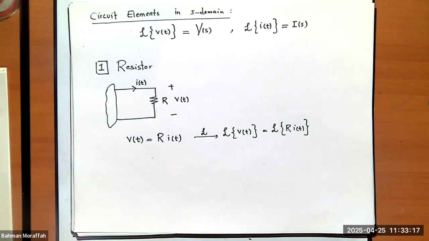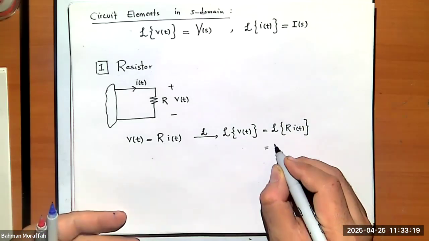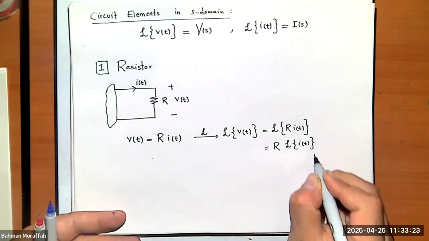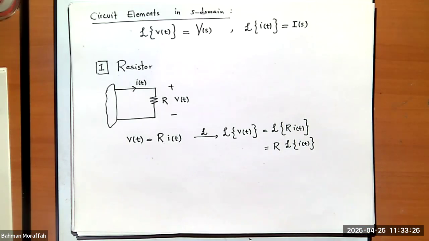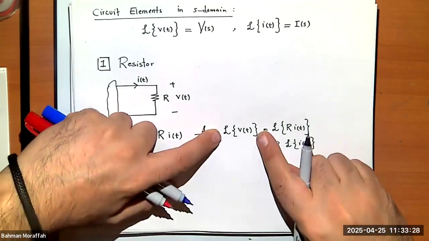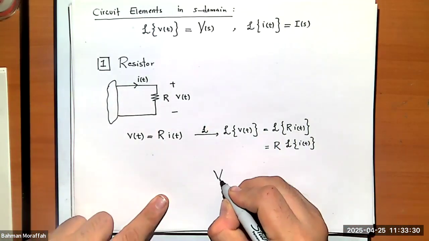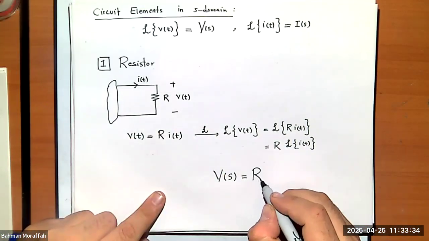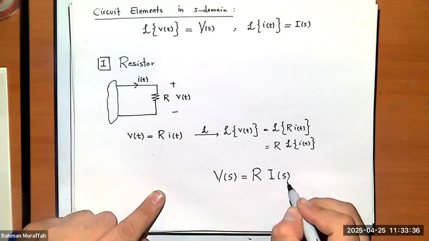I can write this as R times the Laplace transform of I of t. So I have V of S equals R times I of S.